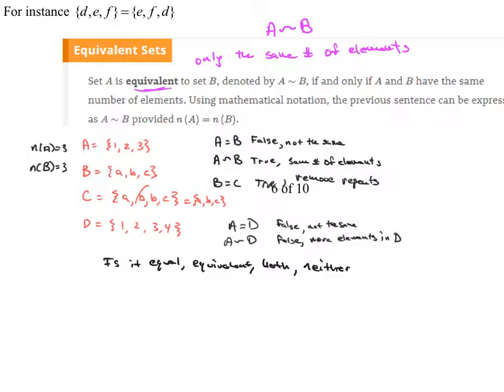Is B equivalent to C? Well, think about it. If you're equal, you have to have 2 things. You have to have the same number of elements and you have to have the same elements. Well, if you have the same number of elements, by default, if you are equal, you must be equivalent. Okay?